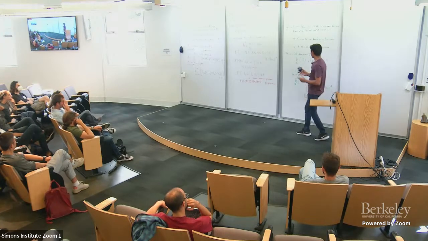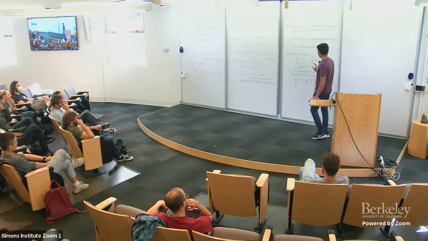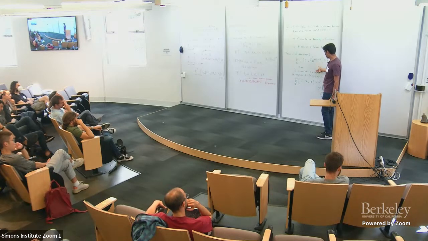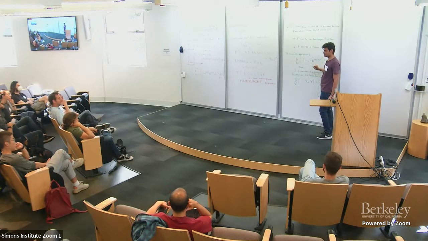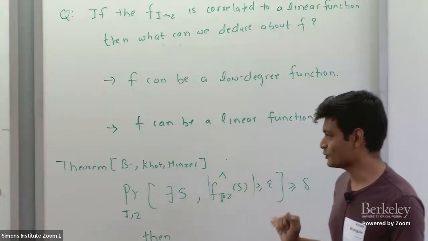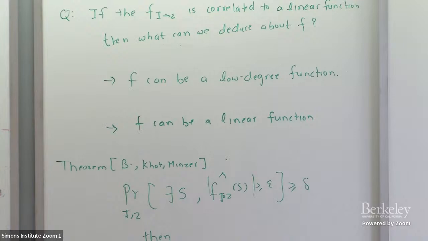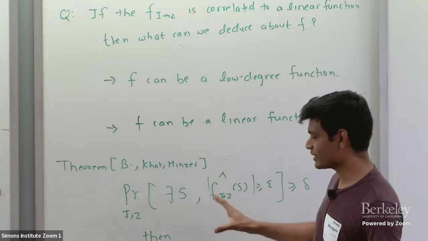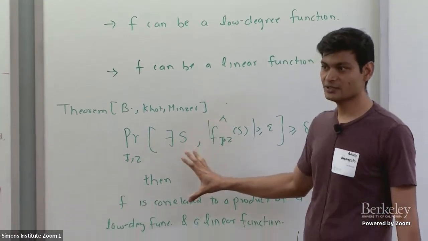Okay, so I still have 20 minutes. In the remaining 20 minutes, I'll try to sketch a proof of this theorem, and the sketch will be very high level. The whole point of proving this is to introduce some direct product testing statement.